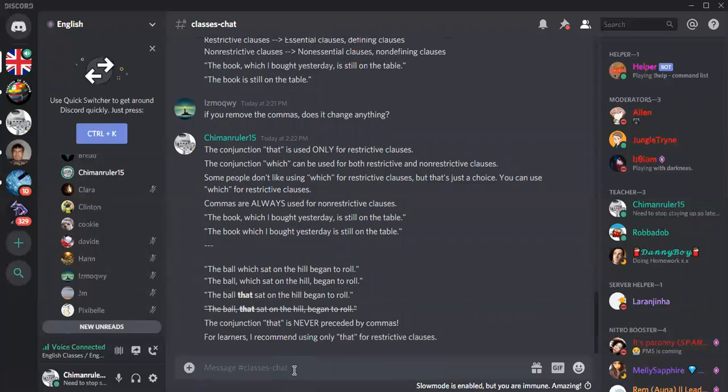Then you can use which if you want for restrictive clauses. But for now, I recommend using only that, so you don't get confused on where to put commas in the sentence, or whether or not you should put one, to be more precise. Because again, in English, that clauses are never surrounded by commas, ever. But which clauses can be? It depends.